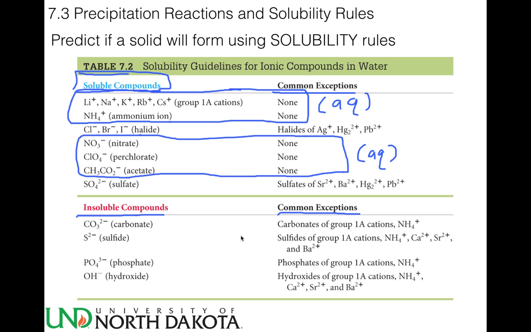Some compounds that are aqueous most of the time, but do have exceptions to their solubility, are here. Here we have chloride, bromide, and iodide, also called halide ions. These compounds are always soluble except when they're with this silver 1 ion, the mercury 1 ion, or the lead 2 ion.